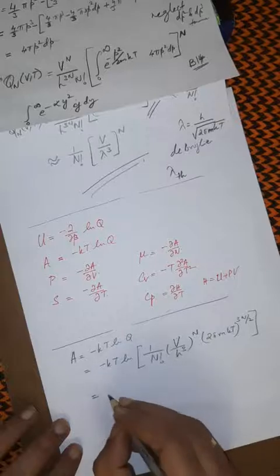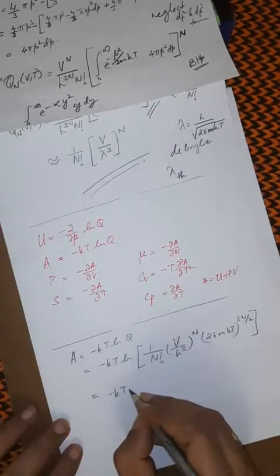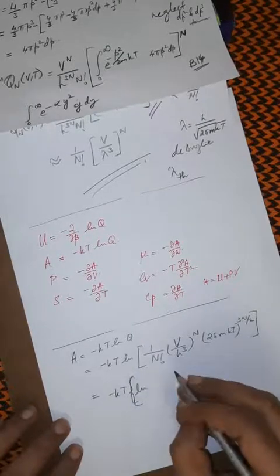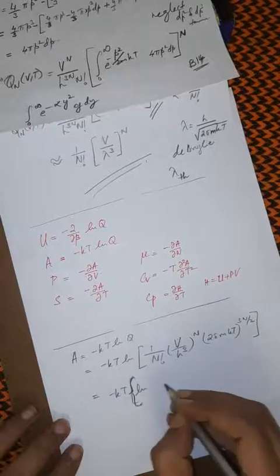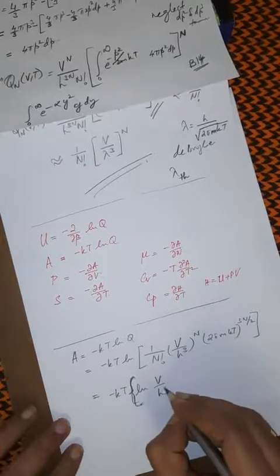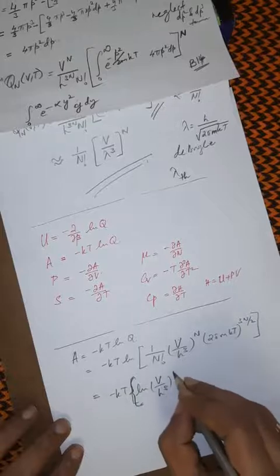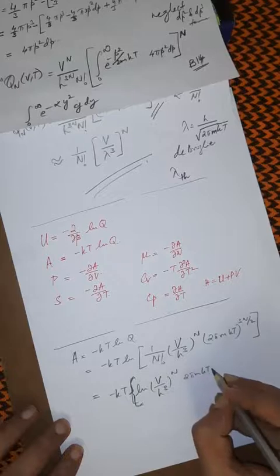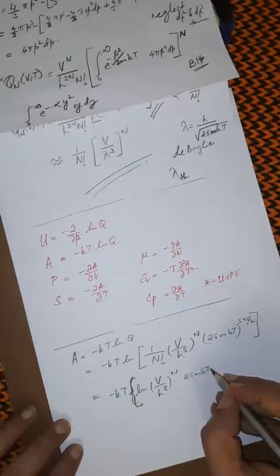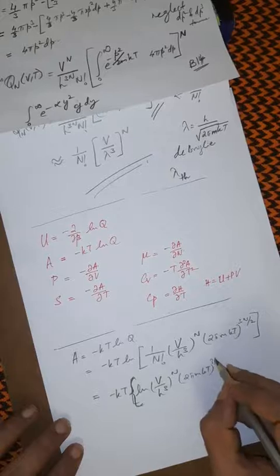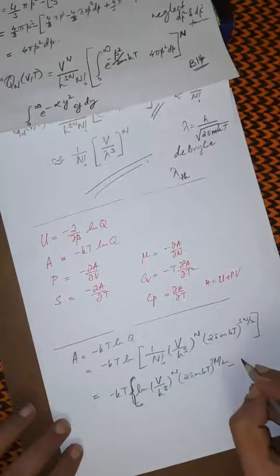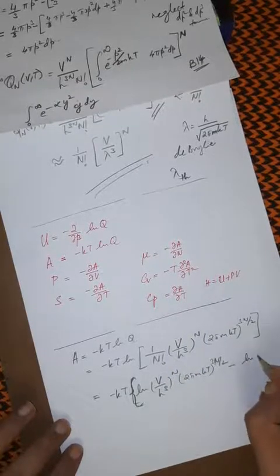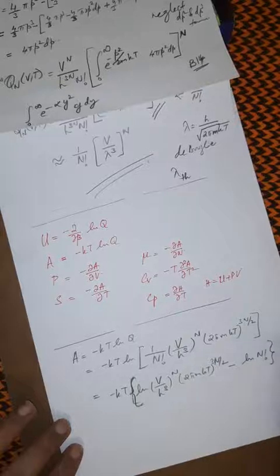So I can write down that expression as minus kT, ln of V by h cube raised to n, 2 pi mkT raised to 3n by 2, minus, I have to apply the logarithm here also, minus ln n factorial.